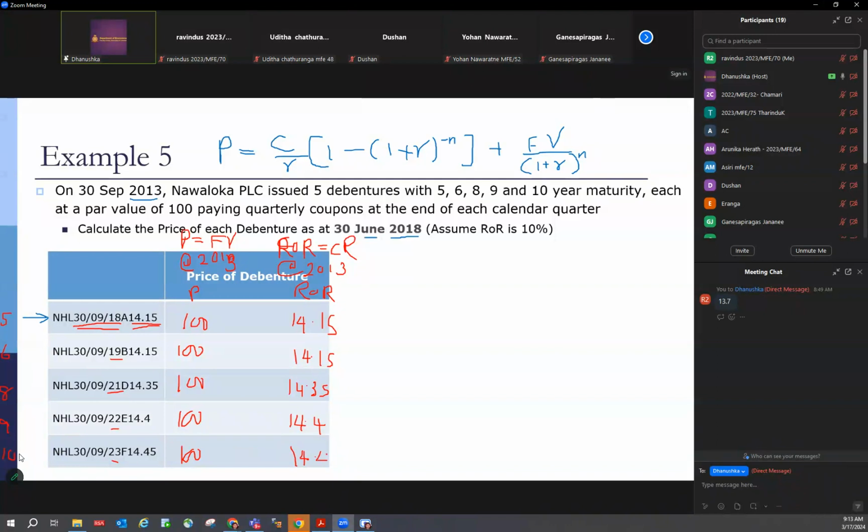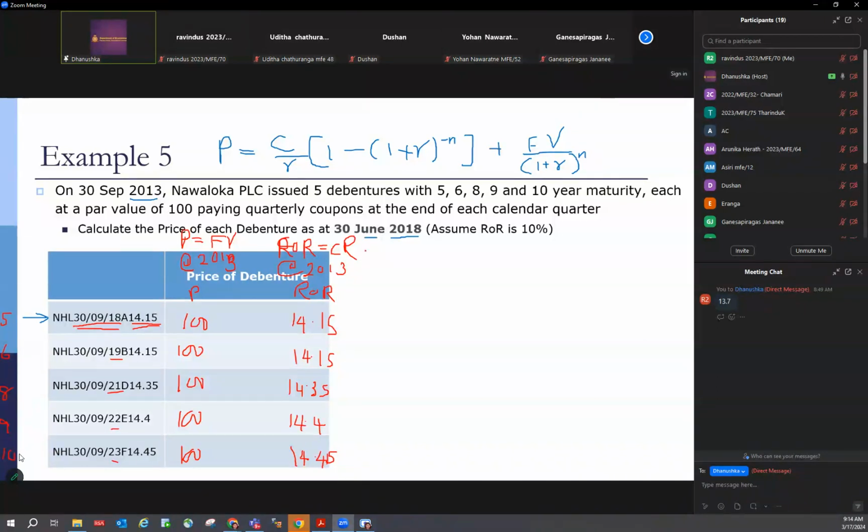So whoever invested in the 10-year portion of the debenture was happy to get a 14.45% return. Because it's the same company's debenture, keeping riskiness the same, this gives you the premium over the 5-year debenture, only a 30 basis point premium for the 10-year debenture at that time in 2013. So whoever decided to invest in the 10-year debenture was happy to get a 14.45% rate of return.